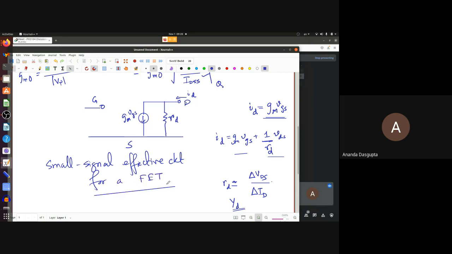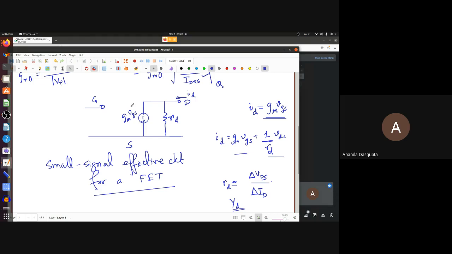In fact, a very similar, almost identical circuit would work for MOSFETs and MESFETs as well. The basic idea is the gate to source is open, and on the drain to source side there is a voltage controlled current source in parallel with RD, which you can think of as an imperfect voltage controlled current source with its internal admittance given by 1 by RD.